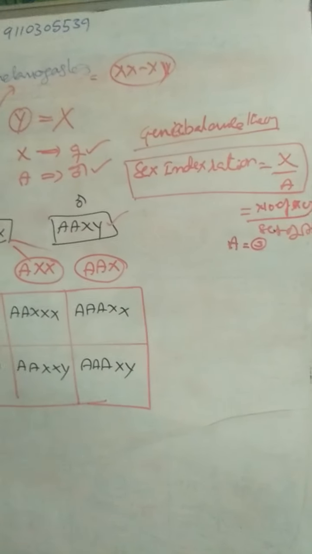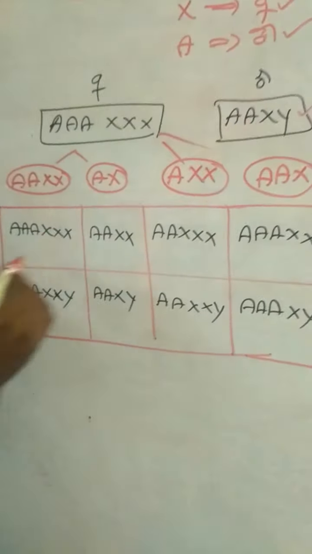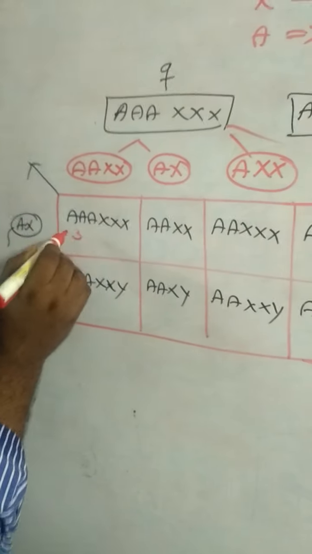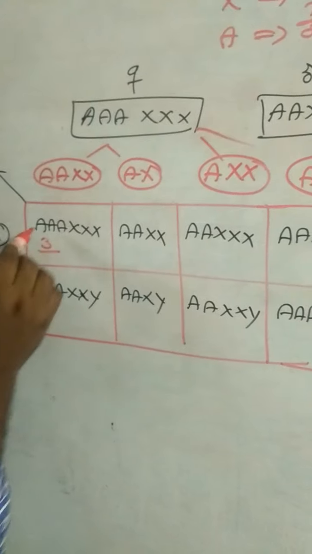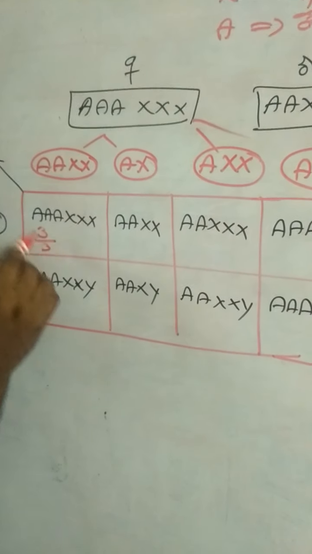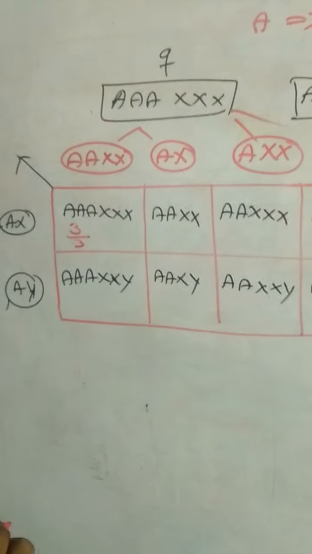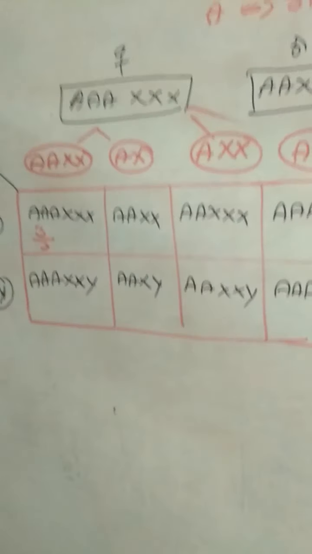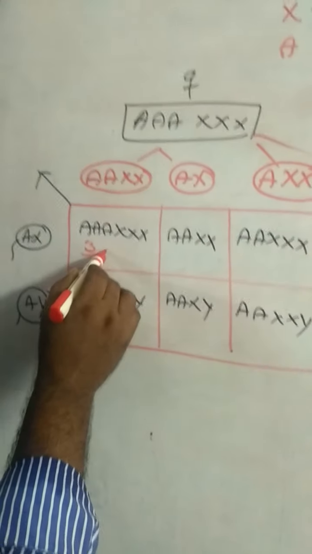According to this, here the number of X chromosomes is equal to 3, and the number of sets of autosomes is equal to 3. 1, 2, 3. 1A is equal to one set of autosomes. So the value is equal to 1.